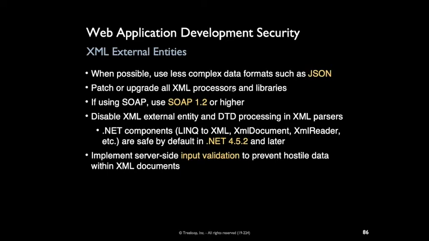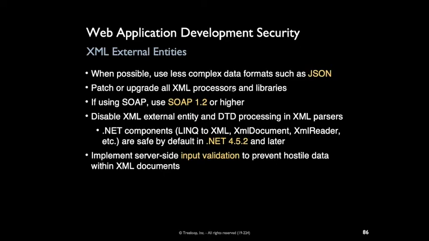In .NET, disable XML external entity and DTD processing in XML parsers. The different XML parsers available in .NET, like XmlDocument, XmlReader, things like that, have options you can specify to disable this capability, because you probably don't need it, right? So you turn it off so that when you parse these documents, those external entities don't get dereferenced, okay?